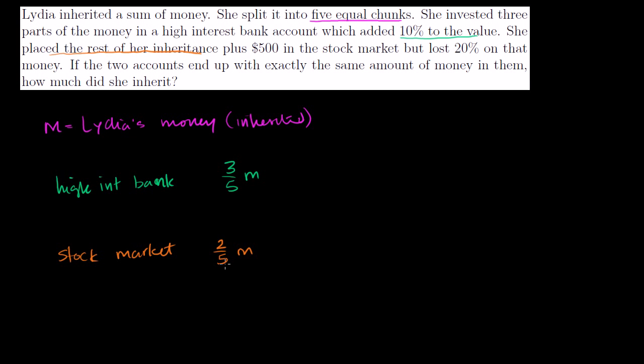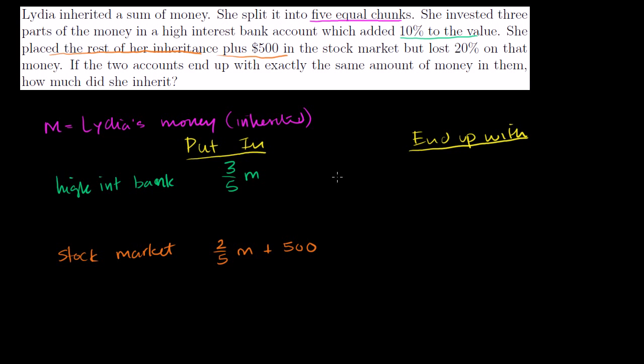But she didn't put just the 2/5. She put the rest of her inheritance, which is the 2/5 M, plus $500 in the stock market, but lost 20%. So this is how much she put in, and this is how much she ends up with.